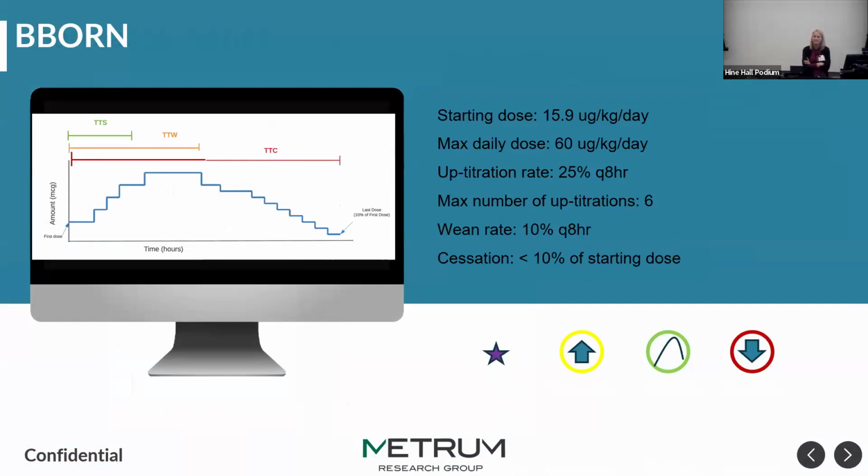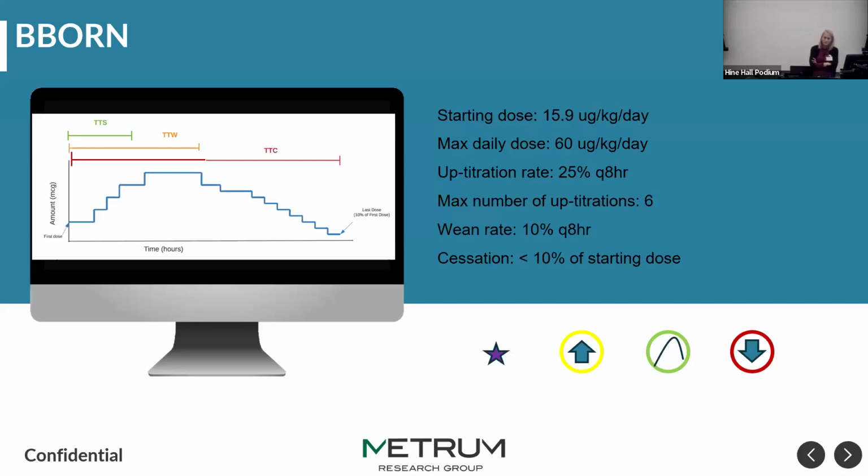Great talk. When you determined your target concentration, did you take into account some of the metabolites, particularly norbuprenorphine, which is also pharmacologically active, probably, as you know? Is that important in that the exposure is great in that type of population? Yeah, that was modeled.